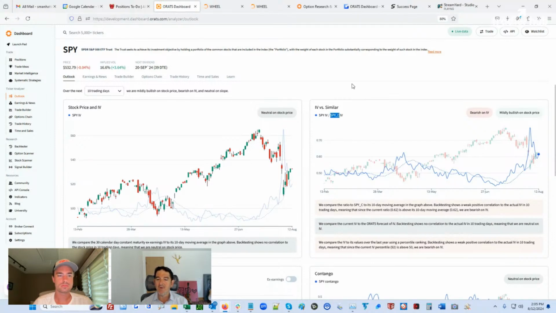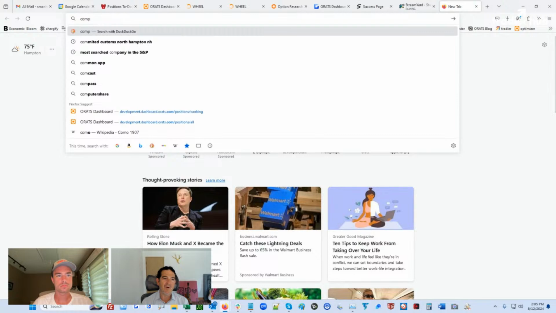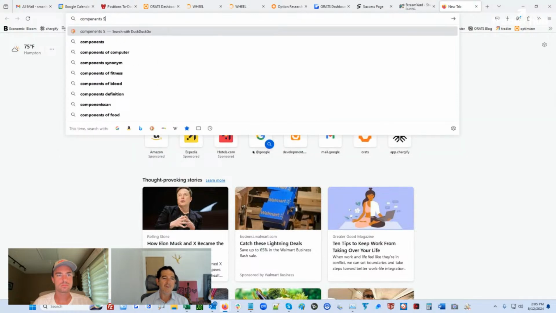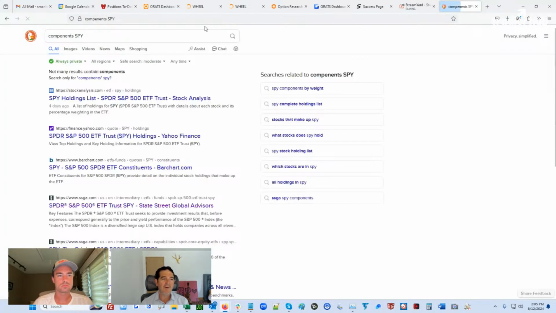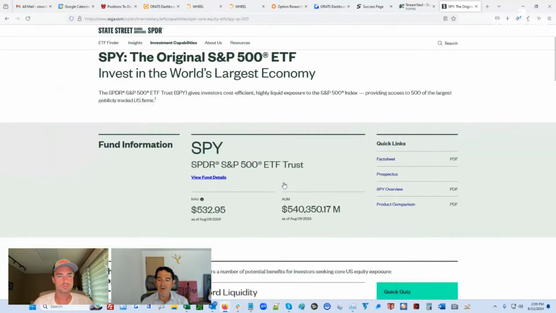So what we would do is go in and type in the components for SPY, and then find what the components are. I think it's these guys, and then what the weightings are.